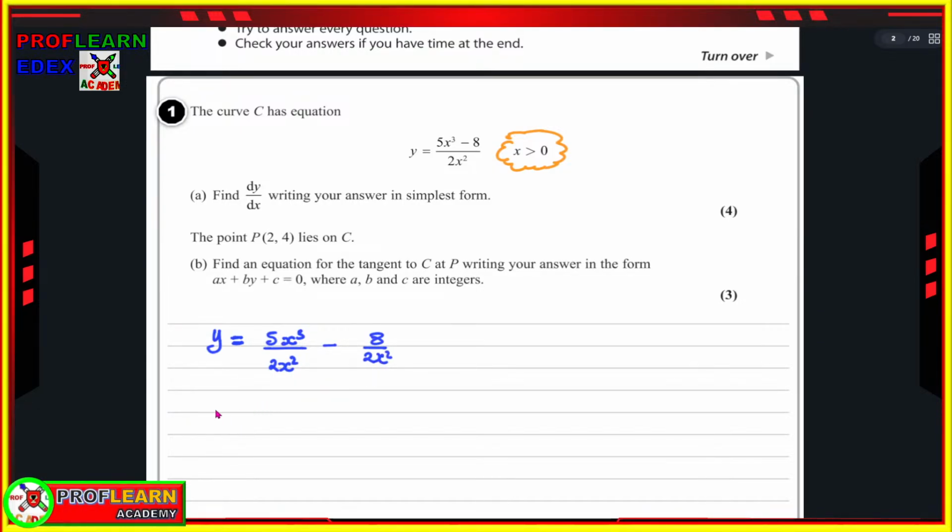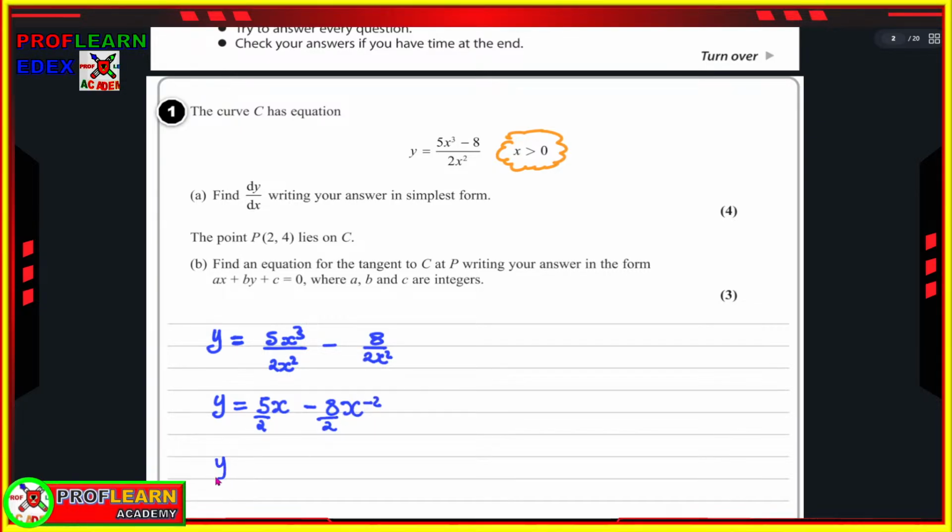Simplifying, x squared cancels with x to the power 3, leaving 5x over 2, minus 8 over 2 x to the power negative 2.